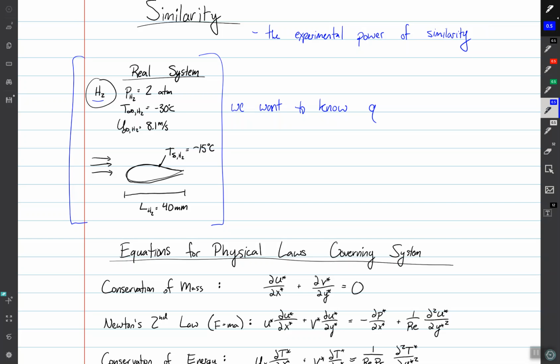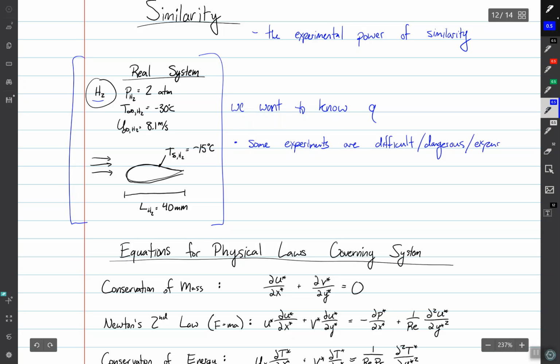So some experiments are difficult or dangerous or expensive, or there's some other thing that is limiting you going out and actually doing the measurement that you want to do.